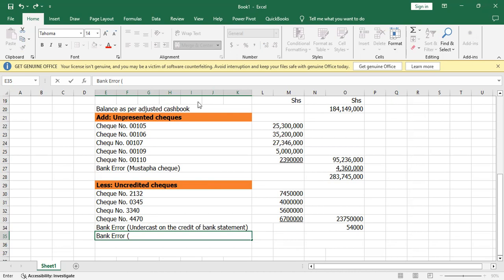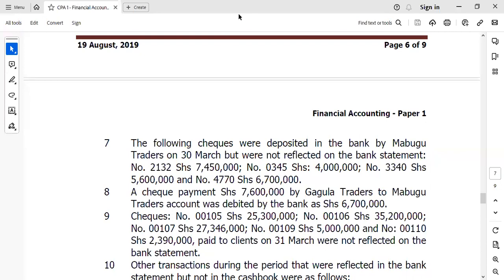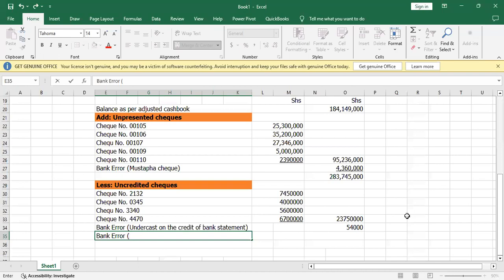Bank error. Check payment by Gagura traders. So a direct credit was erroneously entered as a direct debit, but of course the amounts were not even the same.